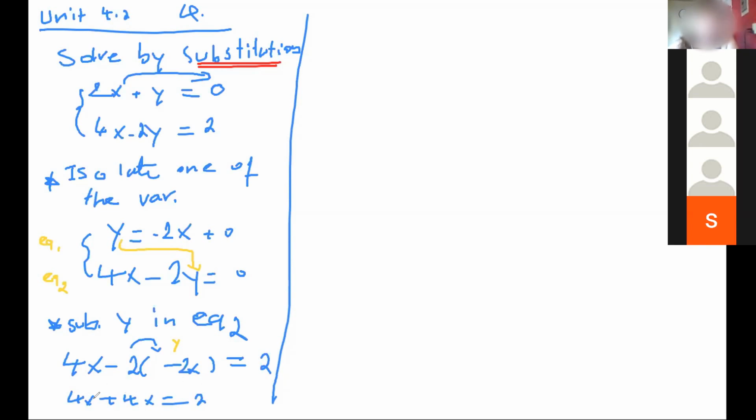Can combine these two, right? It will be 8x. That's right, 8x equals 2. Finally, we divide by? Divide by 8. Right, divide both by 8. So x is 1/4, right? If you reduce this, you get 1/4.